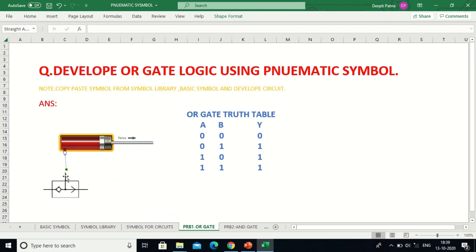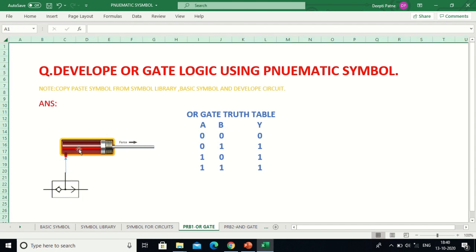Remember, we have to use the minimum number of components for the circuit development. So these drag and drop options are available. See, now the connection is made between the shuttle valve and a single sided cylinder. Similarly, you can combine the different signals or components together and develop the circuit. So let's see how the OR gate circuit development can be done.